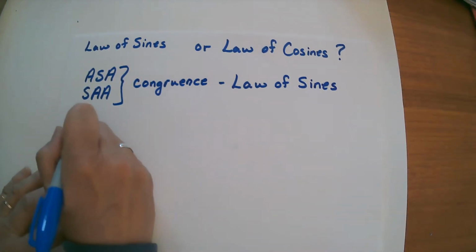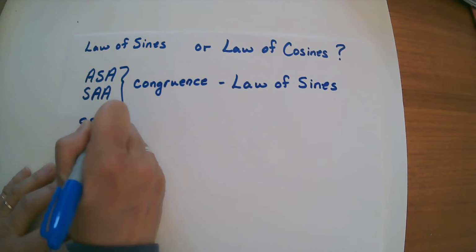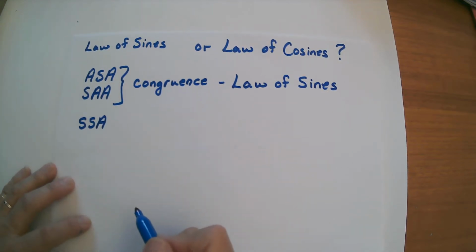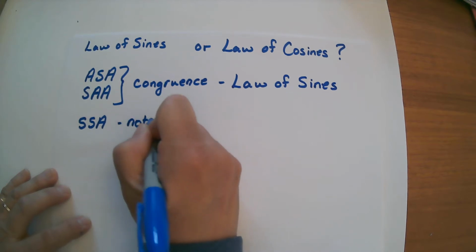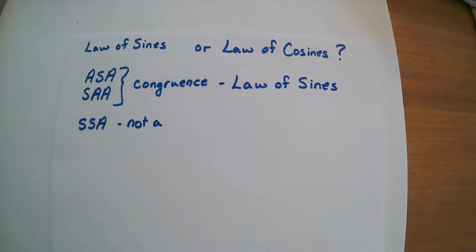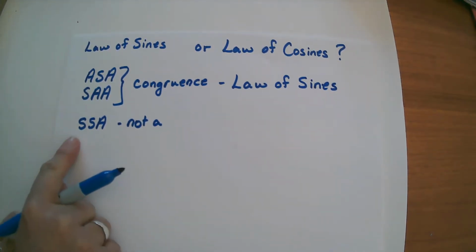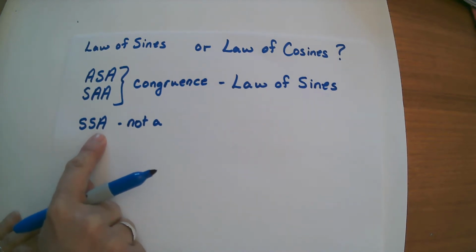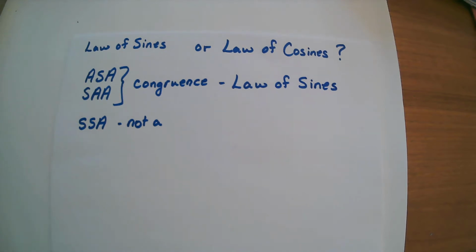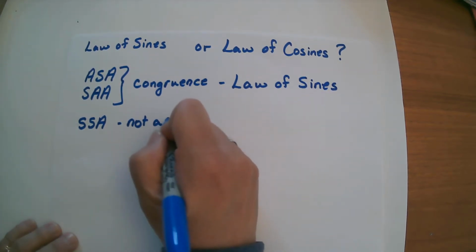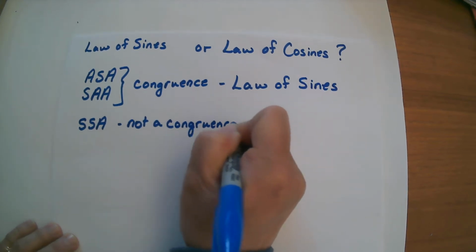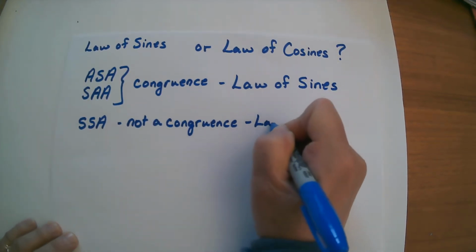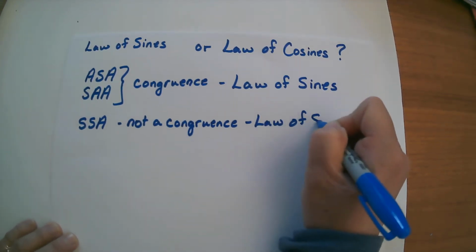Now we have this side-side-angle scenario, that is not a congruence. In other words, you could give two different people the same length of sides and an angle that is not in between them, and they could draw pictures that look different. So we say it's not a congruence, but we would still use the law of sines.